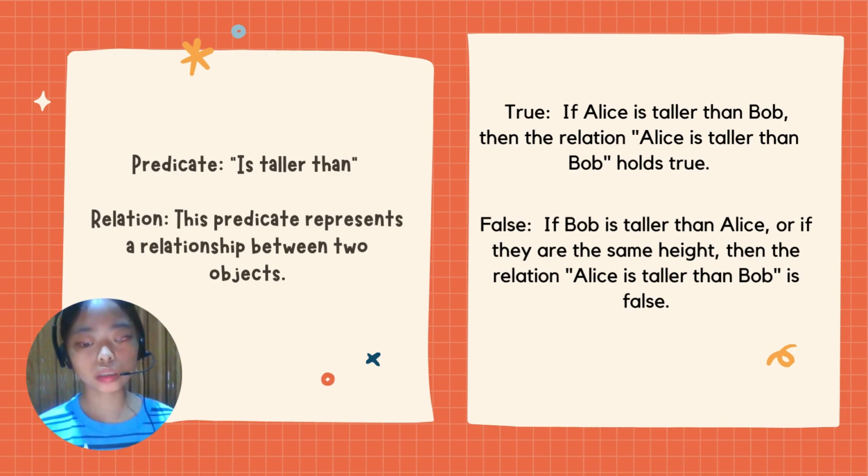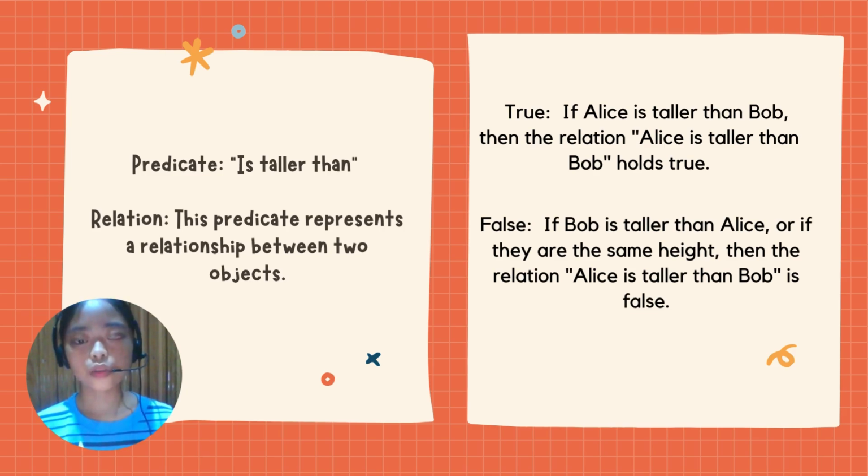If we have two individuals, let's call them Alice and Bob, the predicate "is taller than" can be used to express a relation between them. If true, if Alice is taller than Bob, then the relation "Alice is taller than Bob" holds true. If false, if Bob is taller than Alice or if they are the same height, then the relation "Alice is taller than Bob" is false.